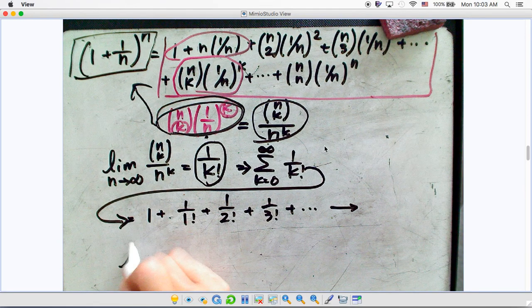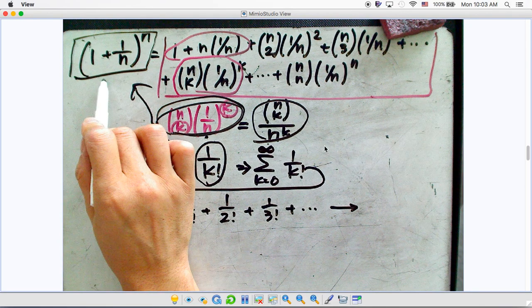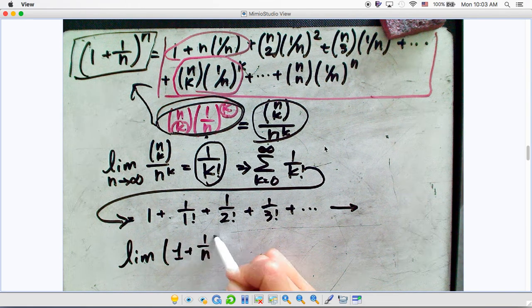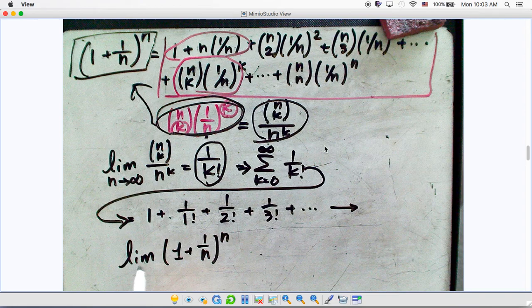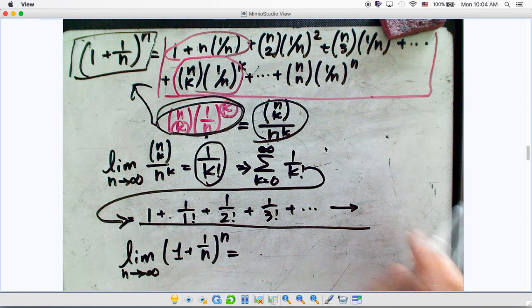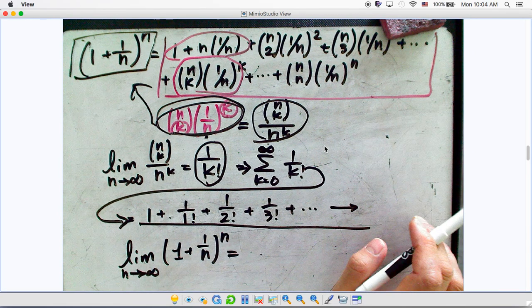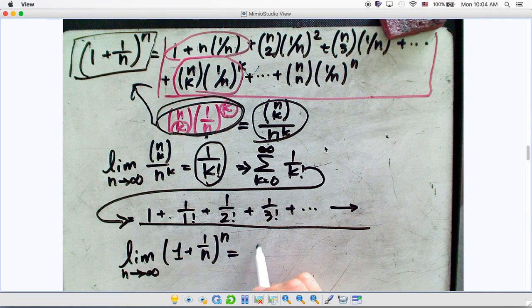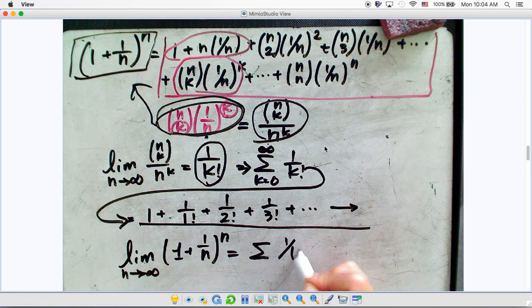The limit of (1 plus 1 over n) to the n power as n approaches infinity is the same as 1 plus 1 over 1 factorial plus 1 over 2 factorial plus dot dot dot all the way to infinity, which can be expressed as the sum of 1 over k factorial when k starts from 0 to infinity.